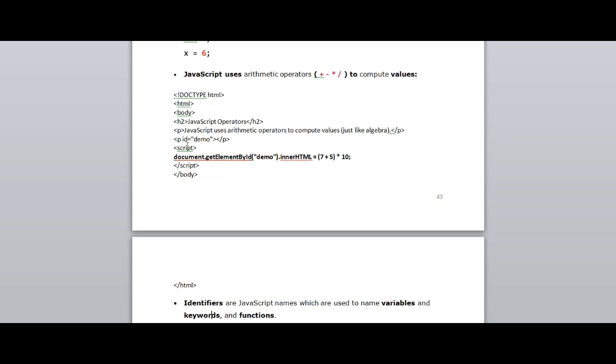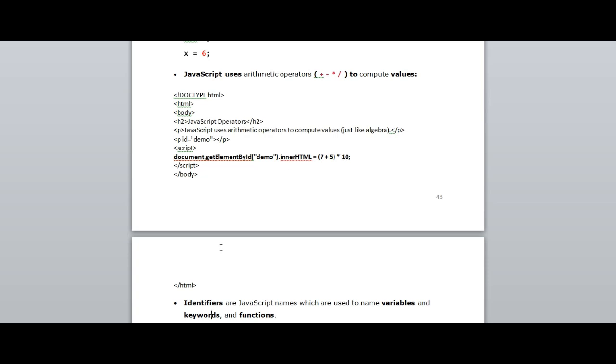Look at the script tag here: document.getElementById demo.innerHTML. What is the code here? It's 7 plus 5, multiplied by 10. 7 plus 5 is 12, and 12 times 10 is 120.